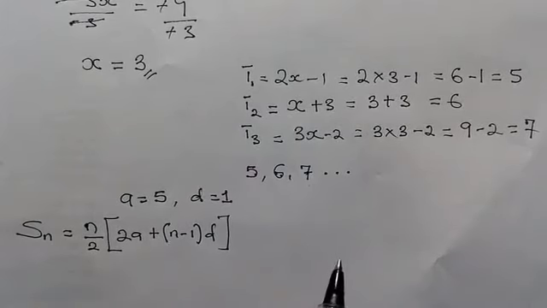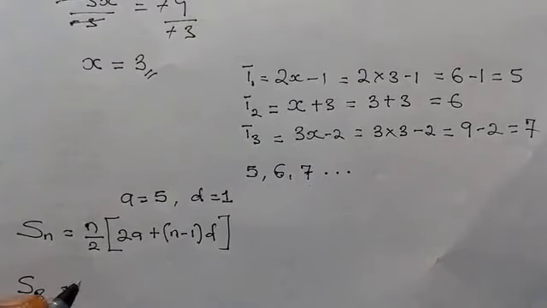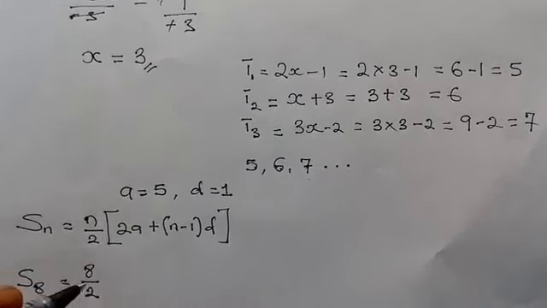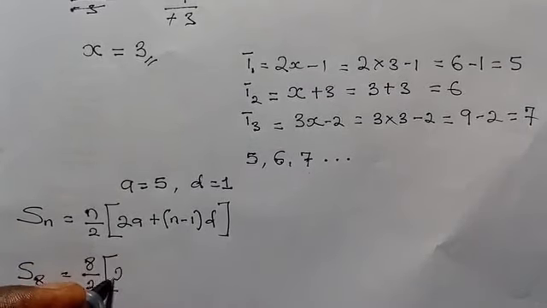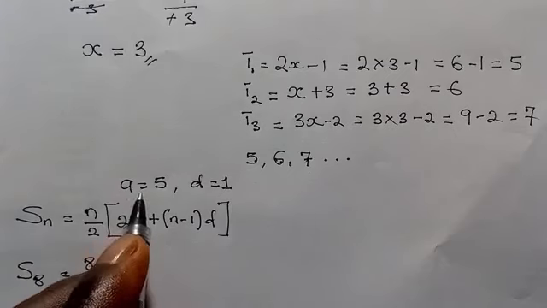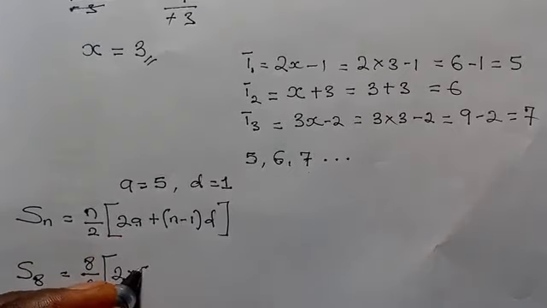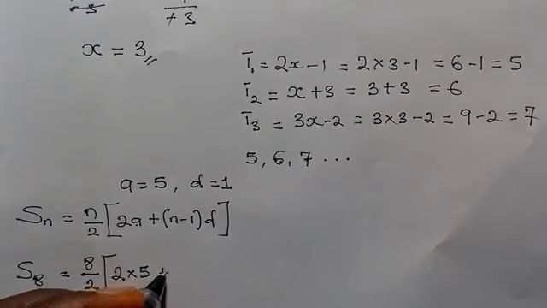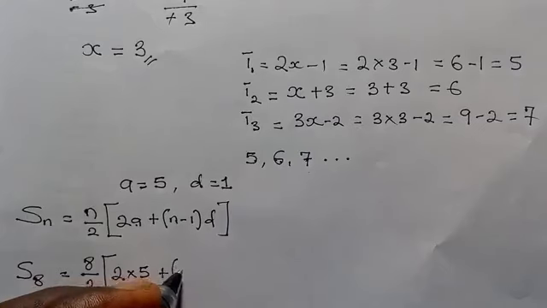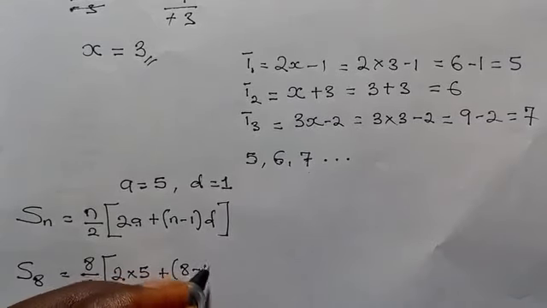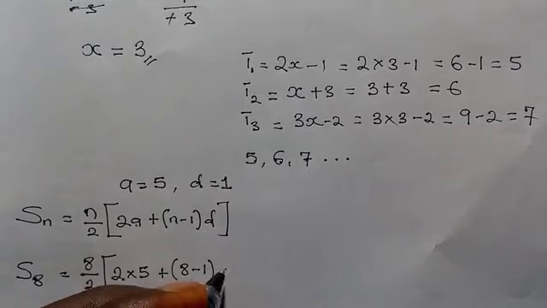For instance, they asked us in this question to find the sum of the first 8 terms. So we are going to replace n with 8. So S8, that is the sum of the first 8 terms, is equal to 8 over 2, bracket open, 2 multiplied by our a, which is 5. So we are going to have 2 times 5 plus our n, which is 8, minus 1, while our d is 1. And we close the bracket.